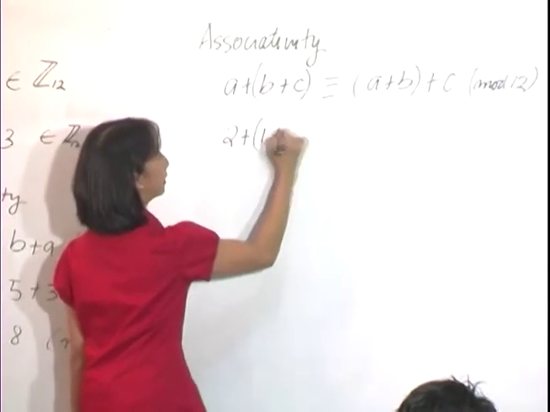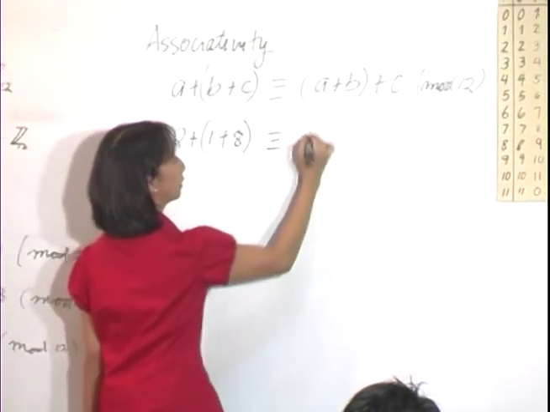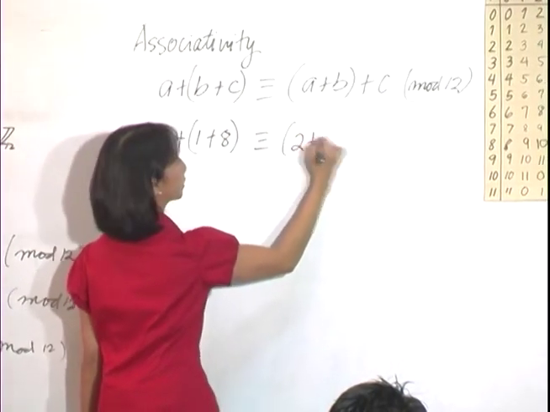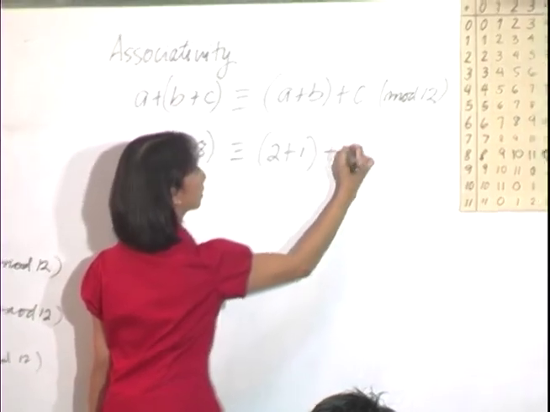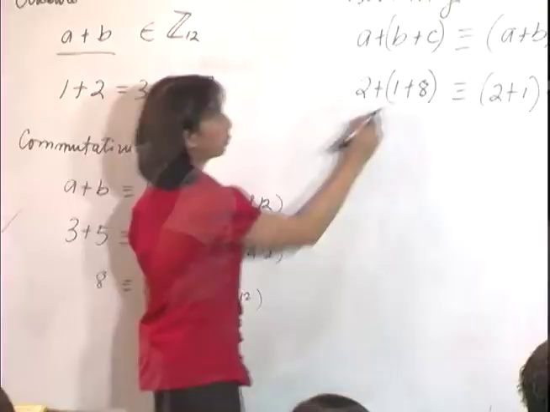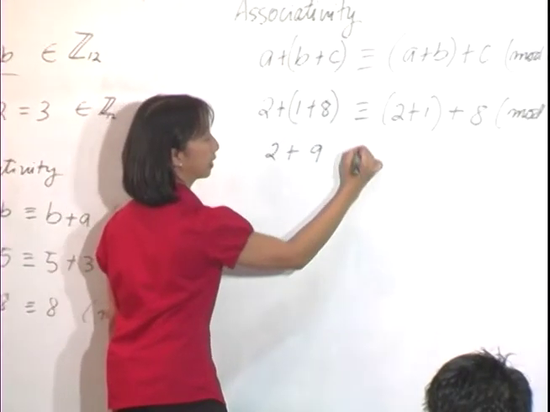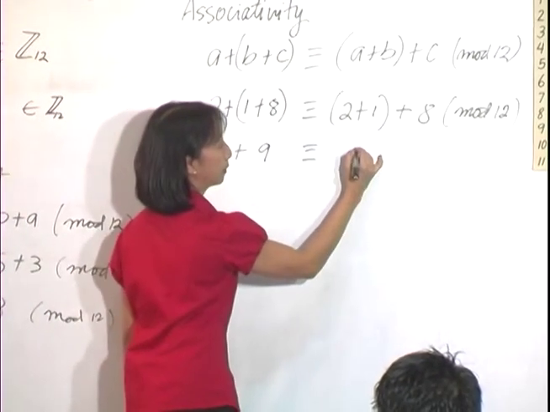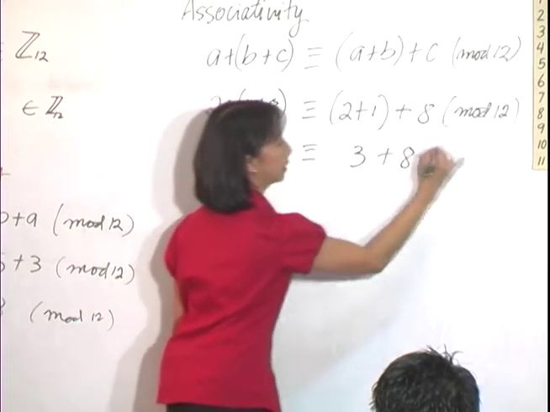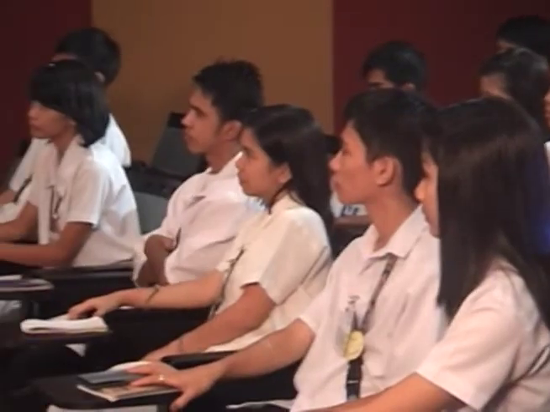Okay, let's check if 2 plus 1 plus 8 is congruent. Here, what do we do first? We add 1 and 8, and that will give us 9. On this side, we have 3 plus 8. We'll check if they are congruent modulo 12.